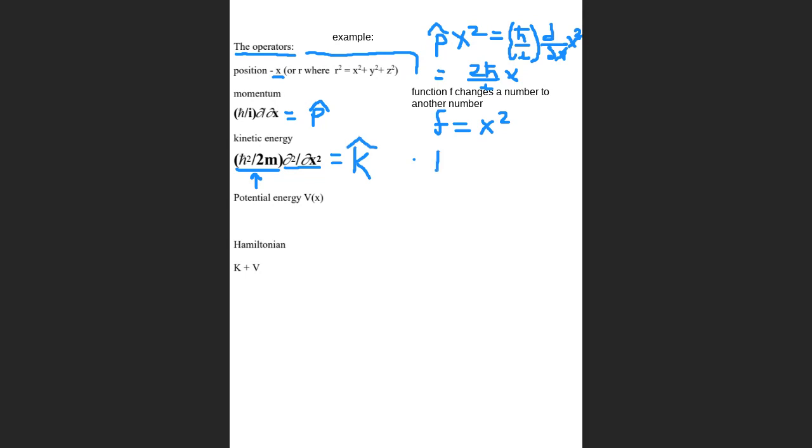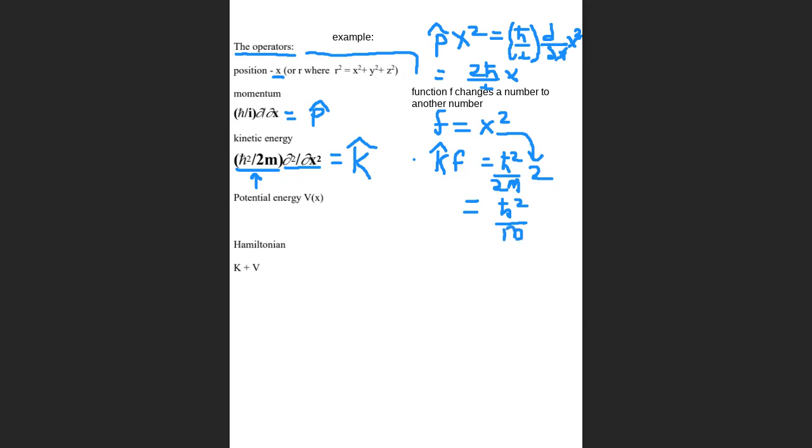If f is x squared again, you could take K acting on f, and that would be h bar squared over 2m times the second derivative of x squared, which is just 2. So this operator and this function actually just produce h bar squared over m, for example.